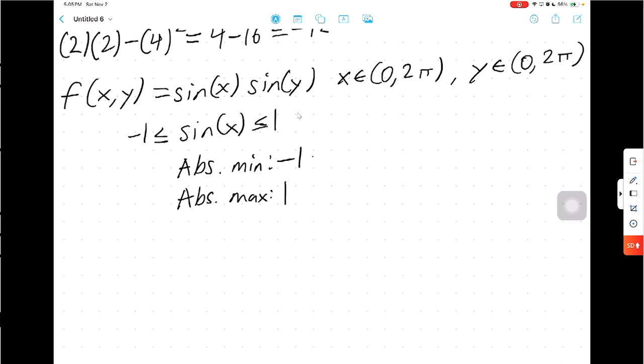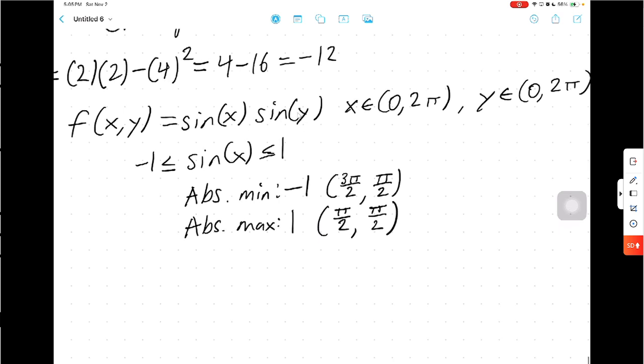For negative 1, we want one of these two to be whatever gives us negative 1. So in this case, 3 pi over 2, pi over 2 is one such point. And then the absolute max could be occurring at pi over 2, pi over 2.